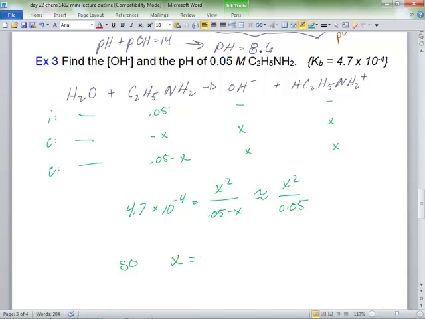I'm going to cheat here. Marcus, what'd you get for your X? 4.8 times 10 to the negative 3. Anybody else get that? Good. It's nice to be able to just ask and I don't have to do anything. Now remember, that's your hydroxide.